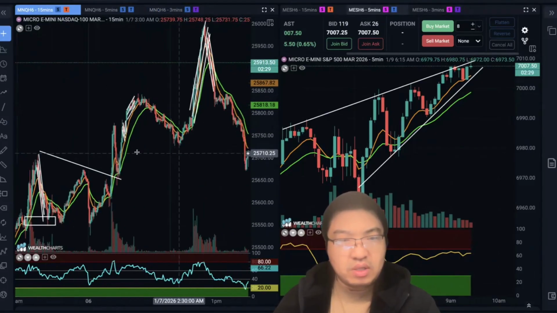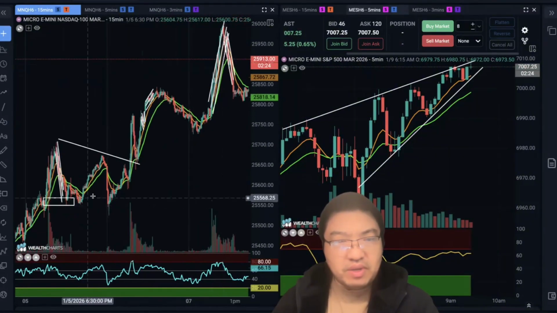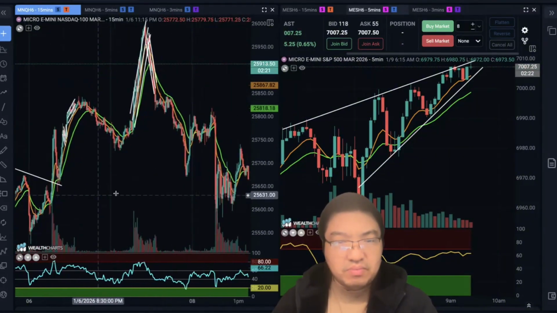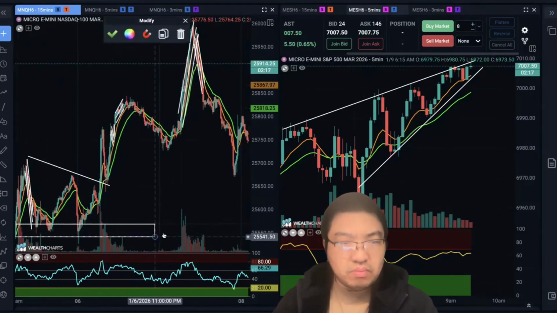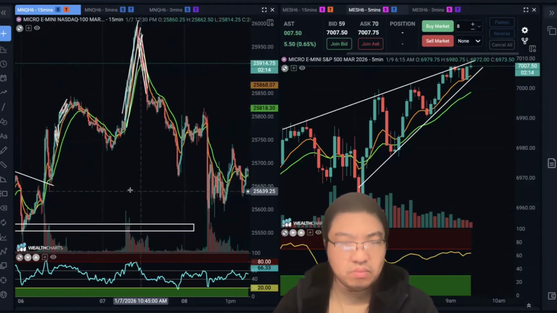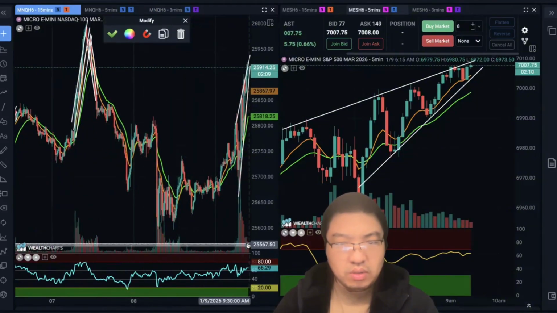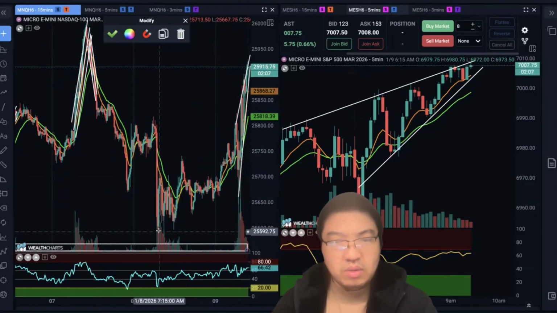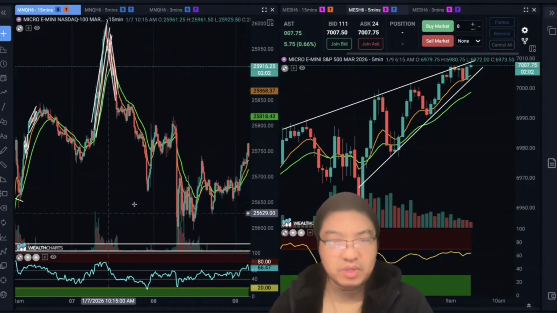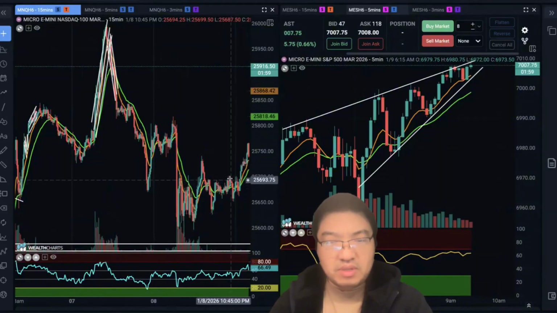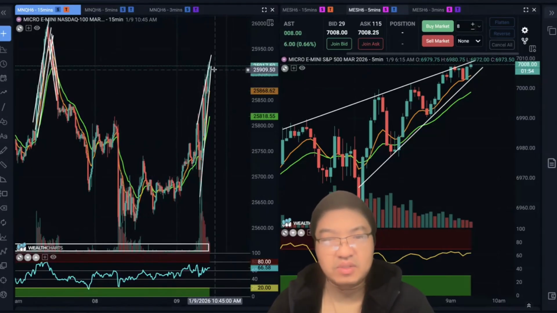Let me see. It dropped to the previous resistance level. So we'll see. So this is the previous support level. Okay, the support level becomes the resistance of this sideways, and we start breaking out.